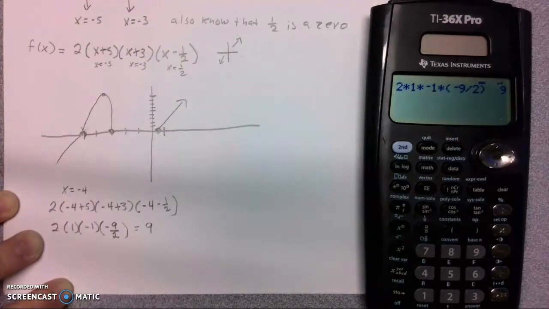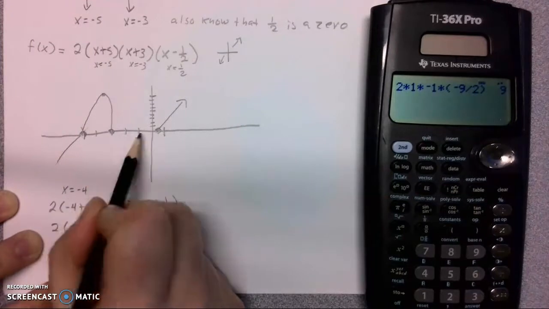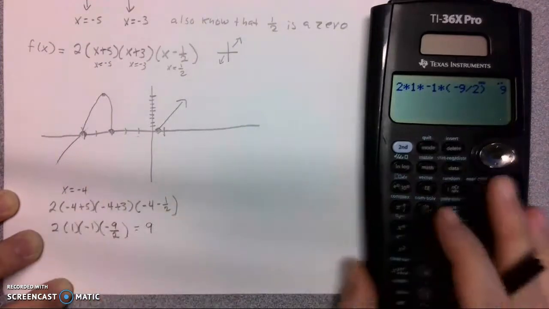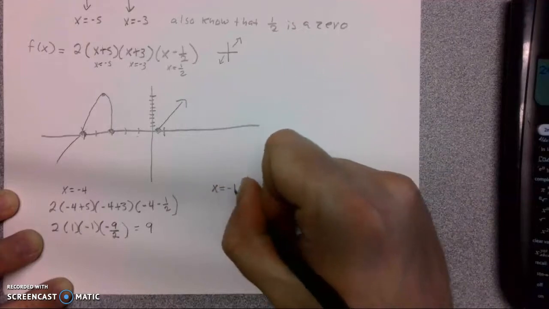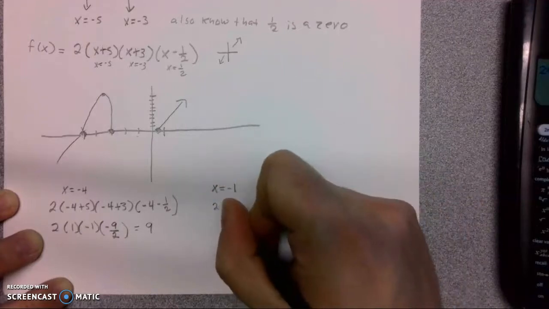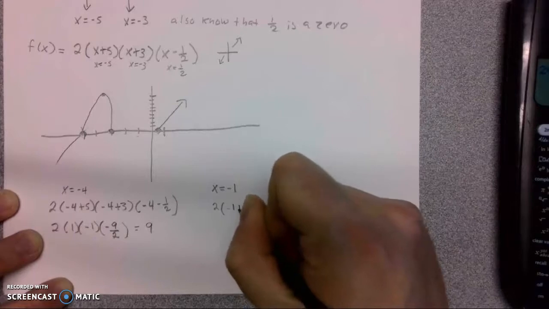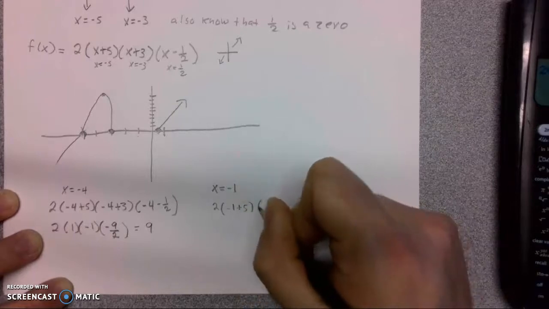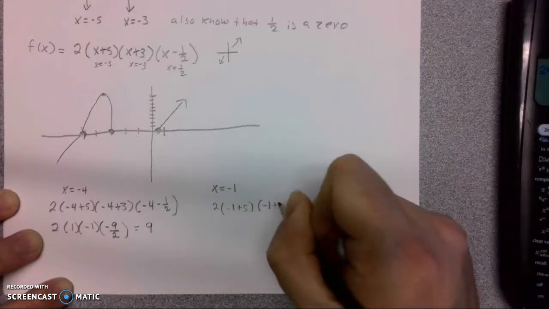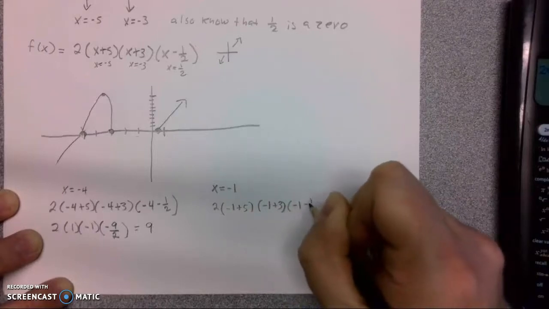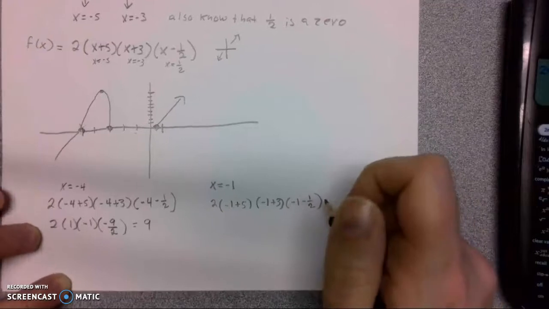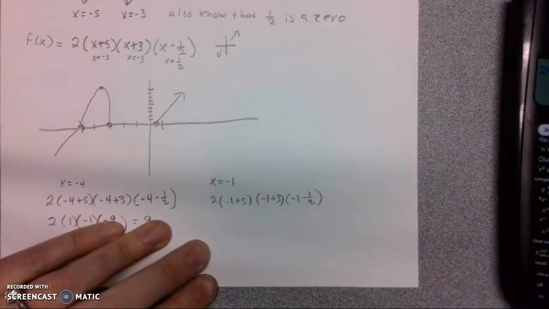Then I can pick a test point between these two. Let's say x of -1. Okay.